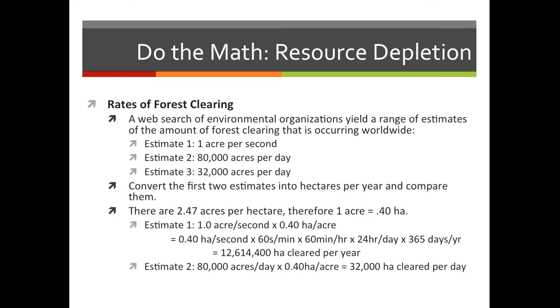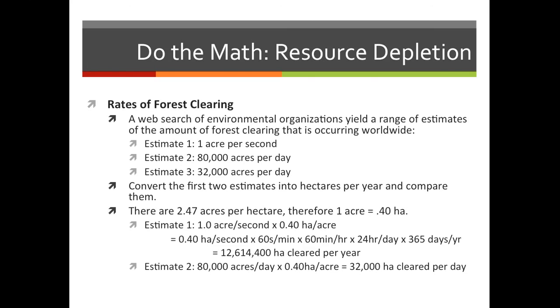Therefore, we're going to get that 1 acre is going to be equal to 0.40 hectares. So let's start by converting estimate 1, which we had as 1 acre per second, and let's see if we can convert that on down to hectares per year.